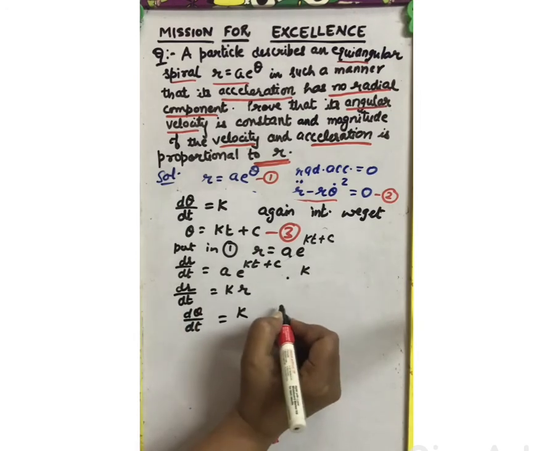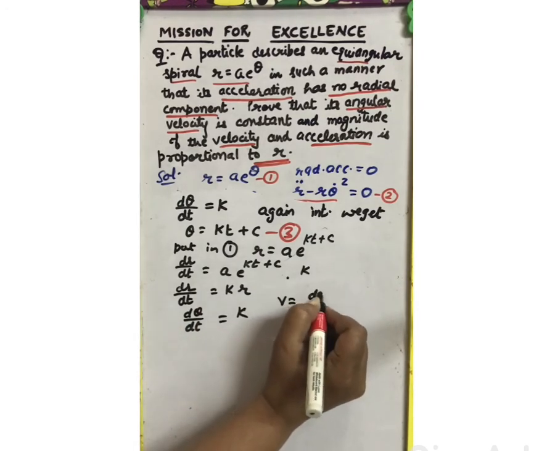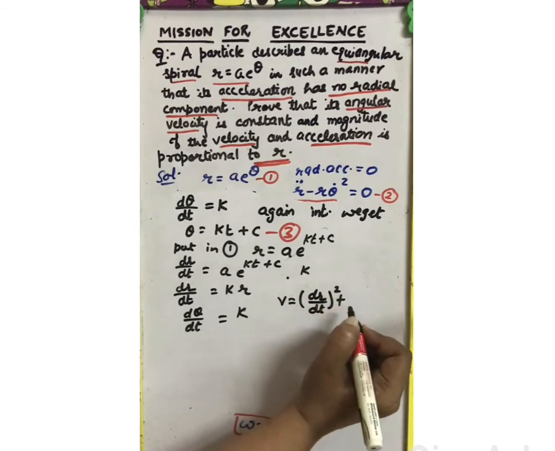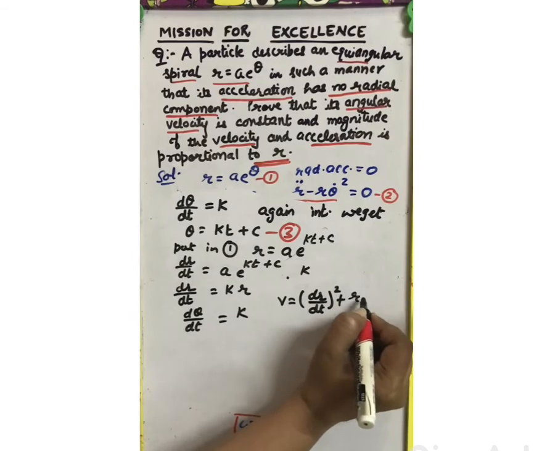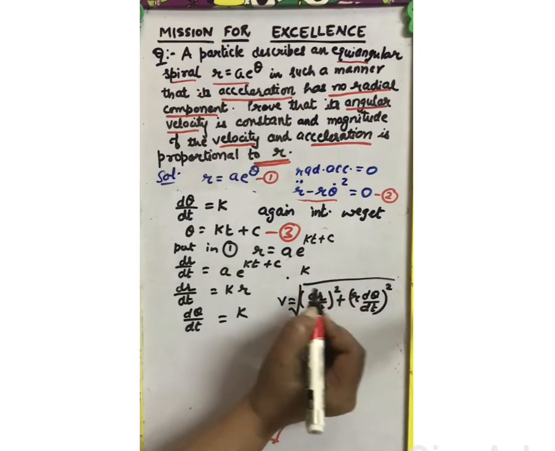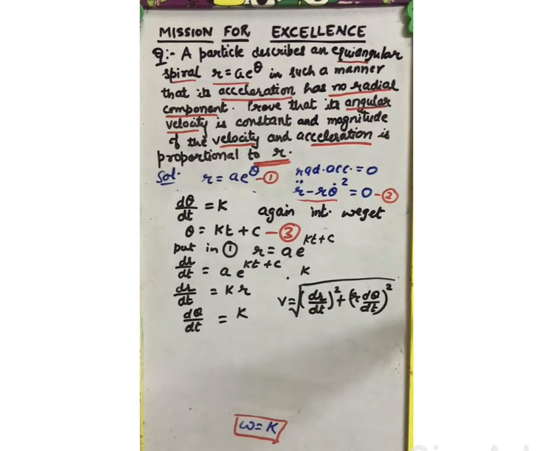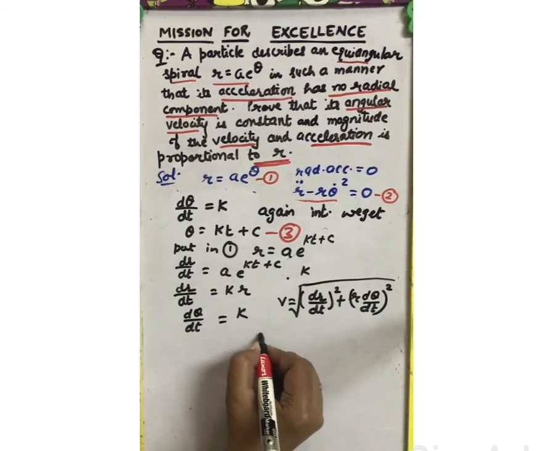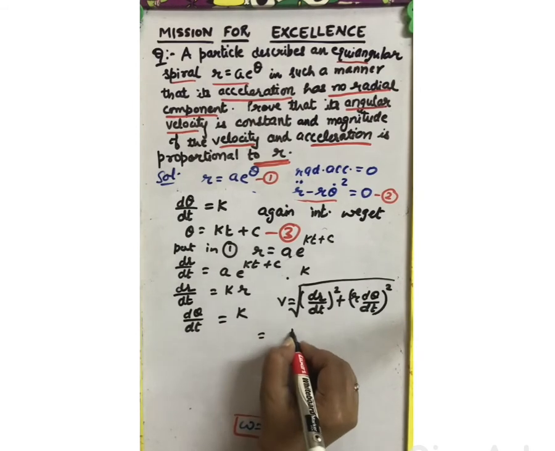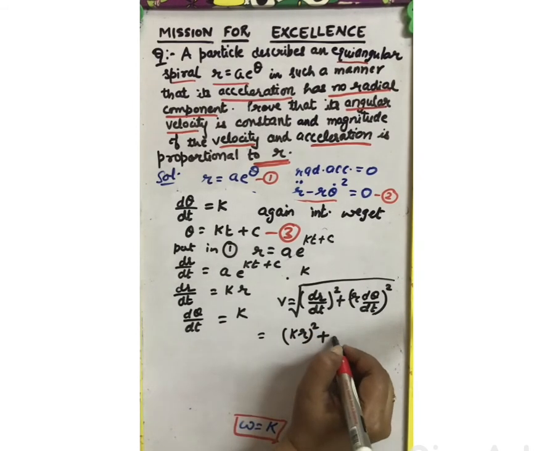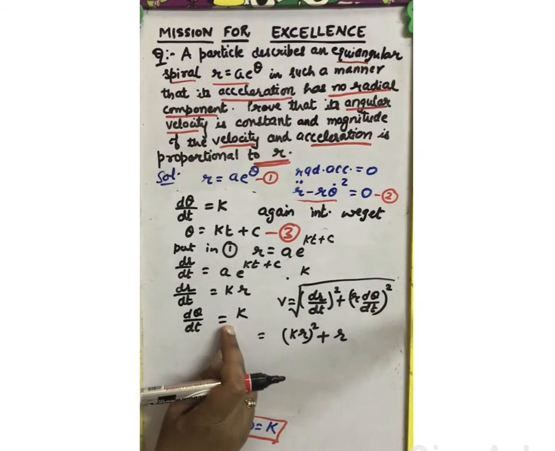So now the magnitude of the velocity we all know: dr by dt, that is radial velocity, square, plus angular velocity, that is r d theta by dt, square, and then we take root. This is the magnitude of the velocity, that is known as resultant velocity. So dr by dt is kr, plus r d theta by dt is rk.